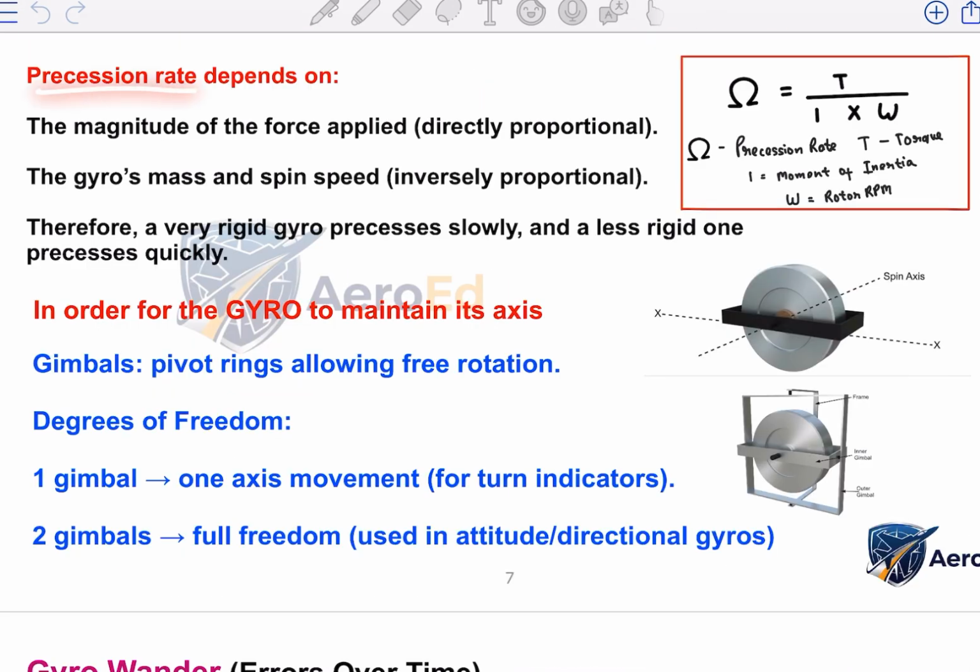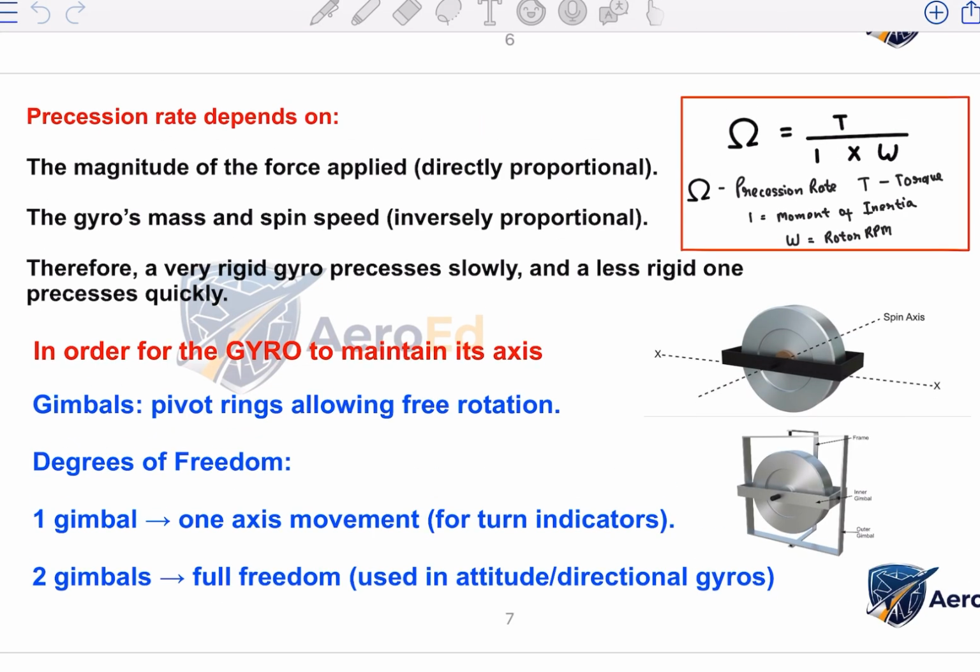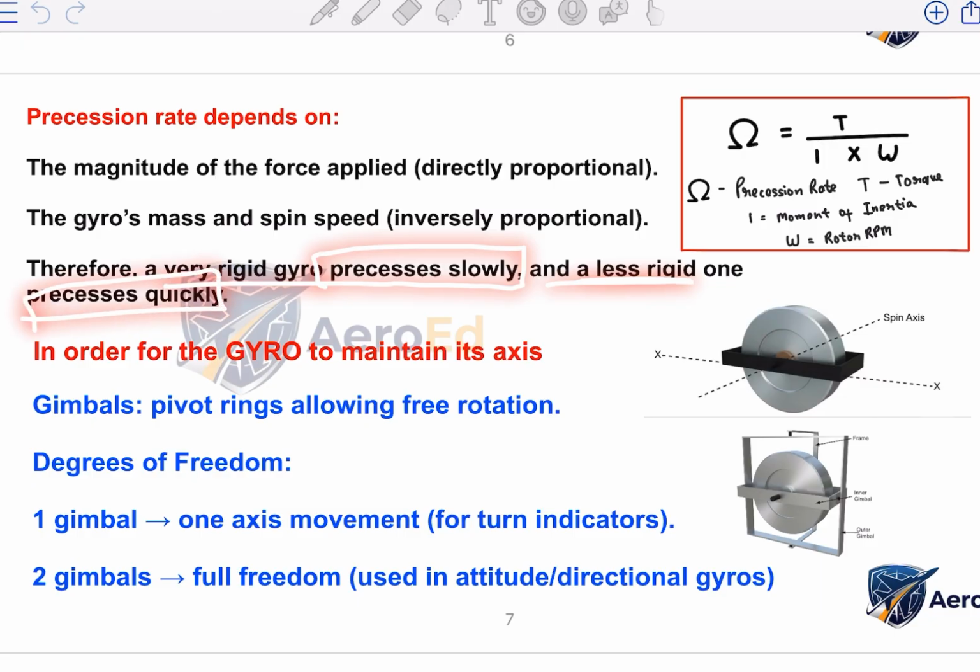So this is what precession is. Now we know that precession is actually the opposite of rigidity, because a more rigid gyroscope will precess slowly and a less rigid gyro will precess quickly, as it is written here. So what factors does the precession rate depend on? The first factor is the magnitude of the force applied. The more the force applied, the more the precession rate.